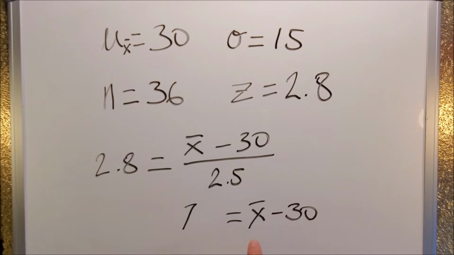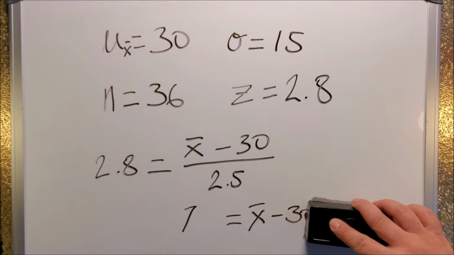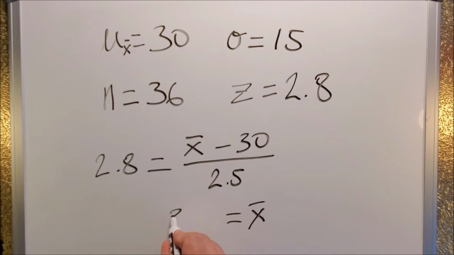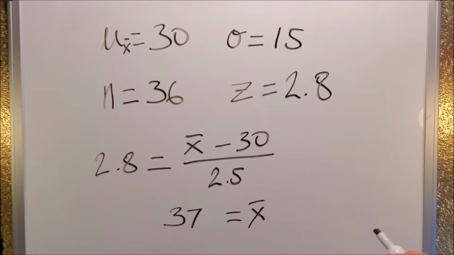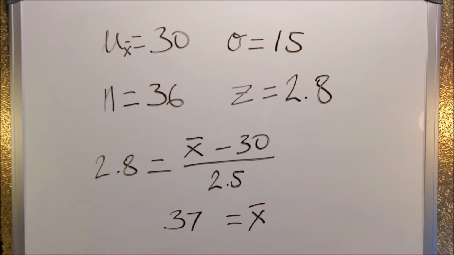So we have 7 equaling x bar minus 30. It's a simple matter to add 30 to both sides, and we've solved for what x bar must be. It might feel more familiar to you if you put x bar on the left and 37 on the right, but it doesn't really matter. The equals, remember, in math is telling us that those two objects have the same valuation. So that's the solution. Okay, let's get into the sampling distribution of sample proportions.